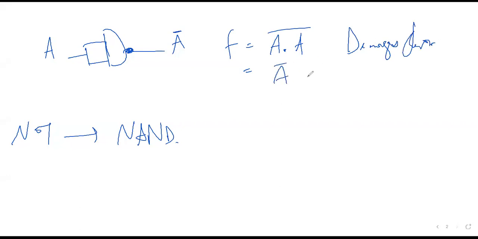I can get A bar plus A bar. True or false? I can get A bar if I simplify the whole thing there.